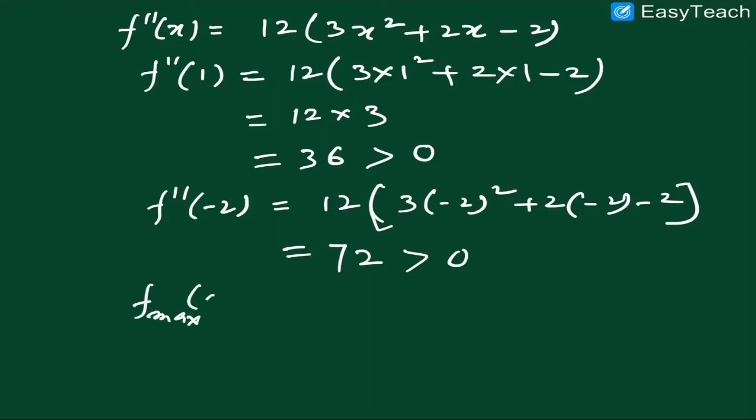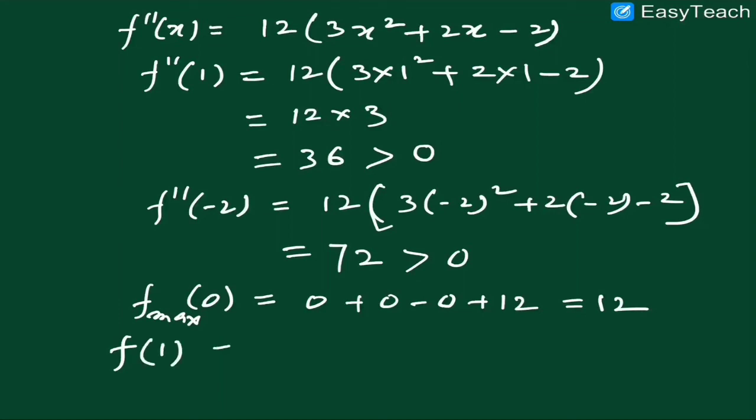Since 0 is the point of local maxima, therefore the maximum value of the function we get after putting the value of x equal to 0 in the given function. f(0) we get 0 plus 0 minus 0 plus 12. So this is 12. And the points of local minima we get at the points x is equal to 1 and x is equal to minus 2.